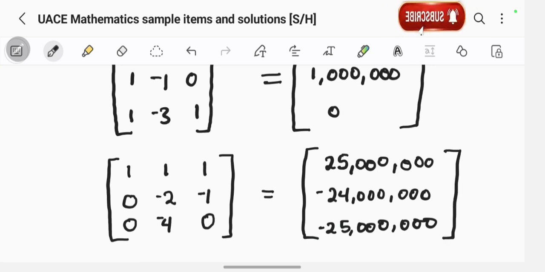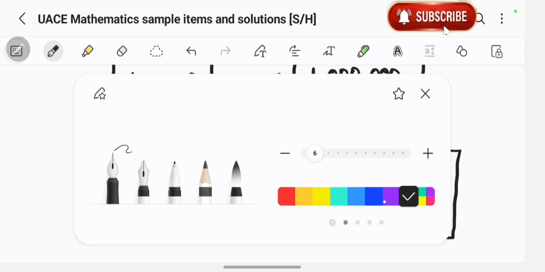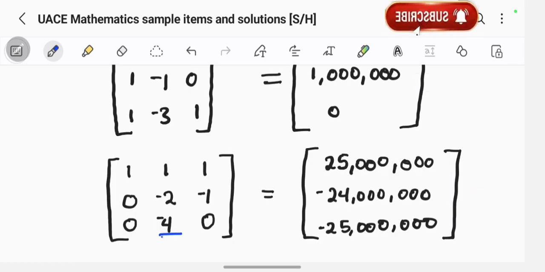I'm moving on to the last mission. The last mission is to make this one a 0. So how would we make it a 0? We shall multiply 2 up. When I multiply by 2 there, it's going to give me negative 4. So if it gives me negative 4 and I add on negative 4, it gives me negative 8.